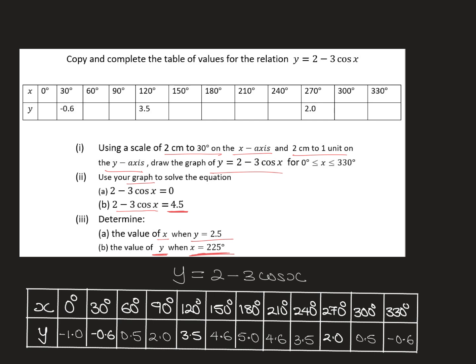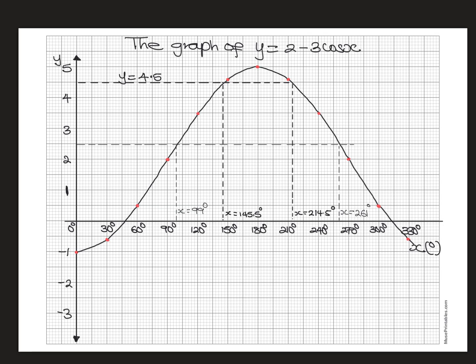Okay, so let's go back to our graph to determine that. So to determine where we have 225 degrees, what is obvious is it is going to be somewhere between 210 degrees and 240 degrees. So where exactly? Because I have 210 here, I will ask myself, how much do I need to add to 210 to have 225?